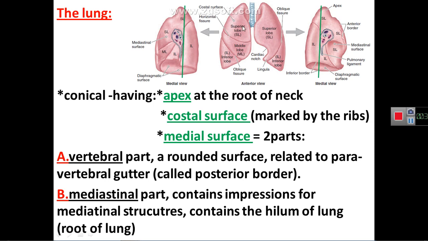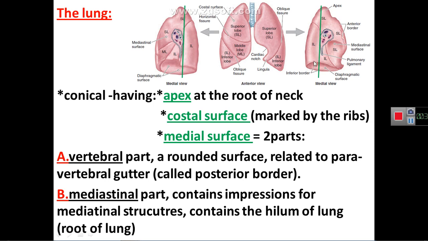In addition to the apex and the costal surface, the right and left lung have a medial surface, which is this one on the left, and this is the medial surface on the right. And as you can see, this line divides the medial surface into posterior part and anterior part on both sides. This is the posterior part of the medial surface, and this is the anterior part.